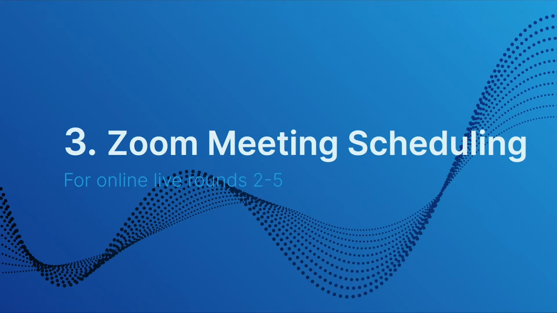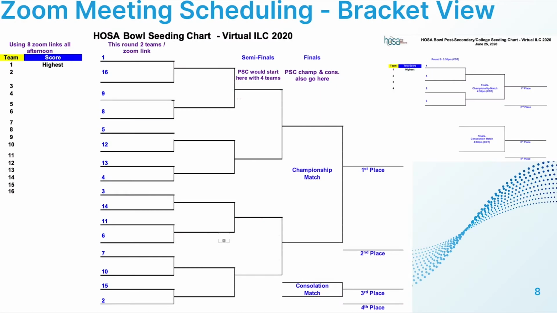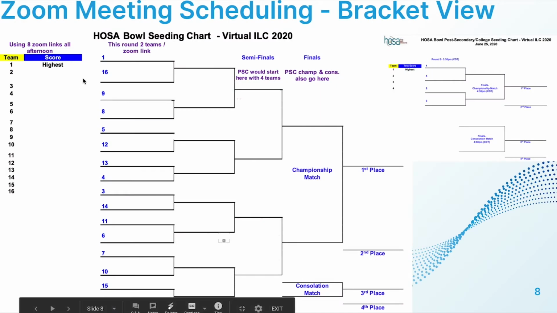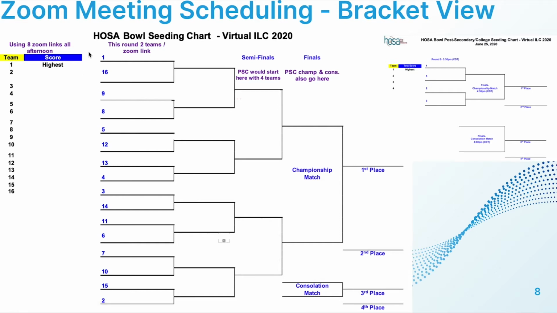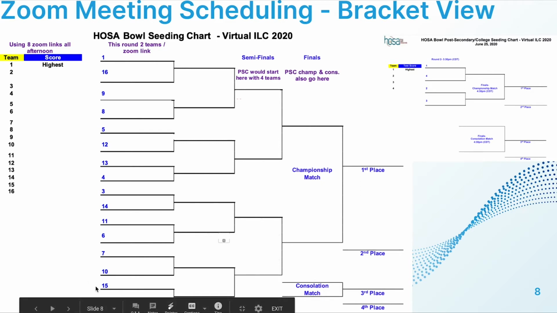So how do we schedule Zoom meetings? Well, what we did again was we took this bracket. Once you seed all the top 16 post-secondary teams, in our first meeting we called round 2A, we took the first team from each of these brackets and put them into a Zoom meeting.